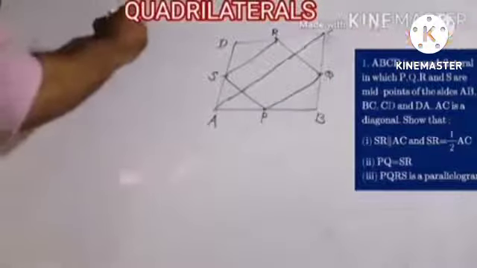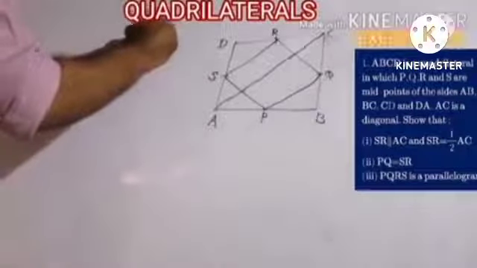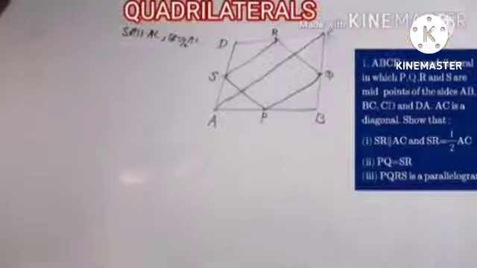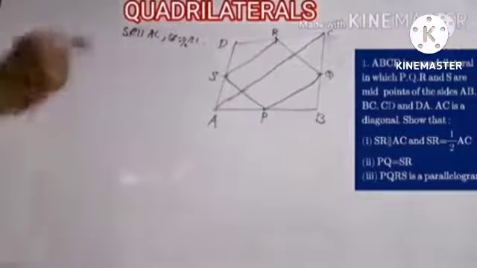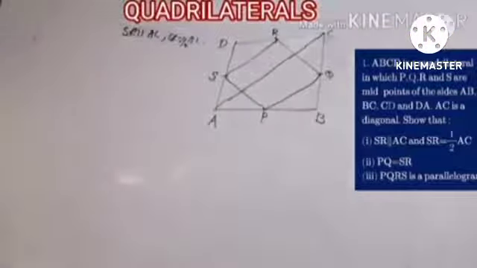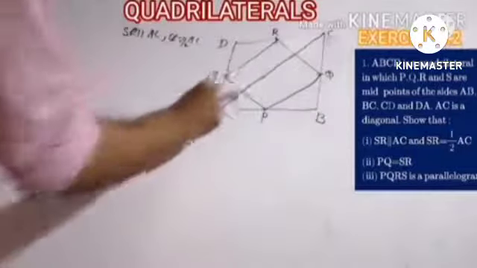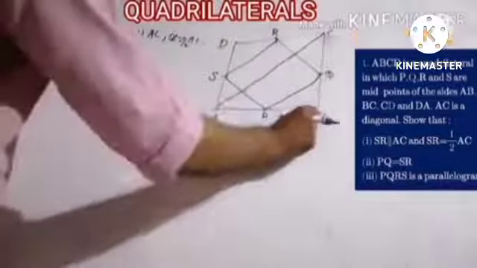So start with the first one: to get SR parallel to AC and SR equal to half AC. How to prove that? We have to use the midpoint theorem. After joining AC, we have two triangles, ABC and ADC.